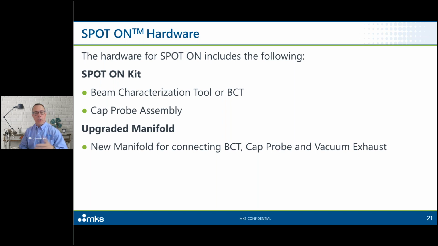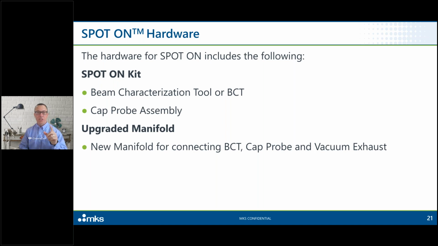And then the other element, which I should mention, all these elements come together in the kit. So hopefully this isn't misleading the way we structured this slide, but it's all included in the kit together. But the other element here is an upgraded manifold, and that is made to just connect all these various pieces, all the new pneumatics, to make this function properly.